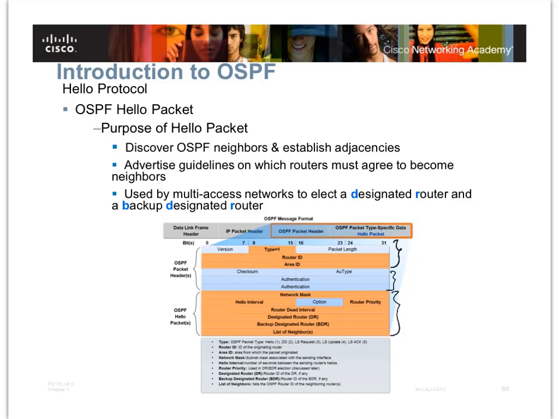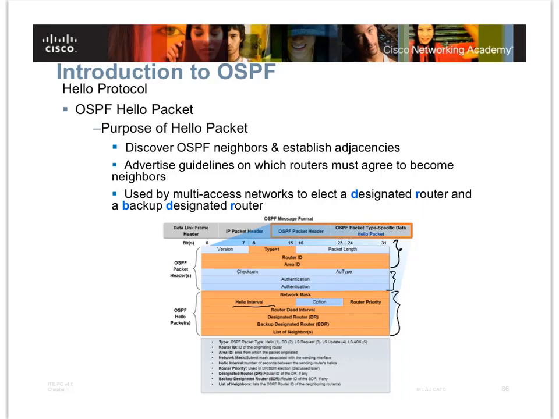And the hello packet itself is used to discover neighbors and establish adjacencies, in which case it sends the hello interval. It sends the hello interval in the case of OSPF, which is the equivalent of the hold time in the case of EIGRP, which was 5 seconds. Here it is 10 seconds.